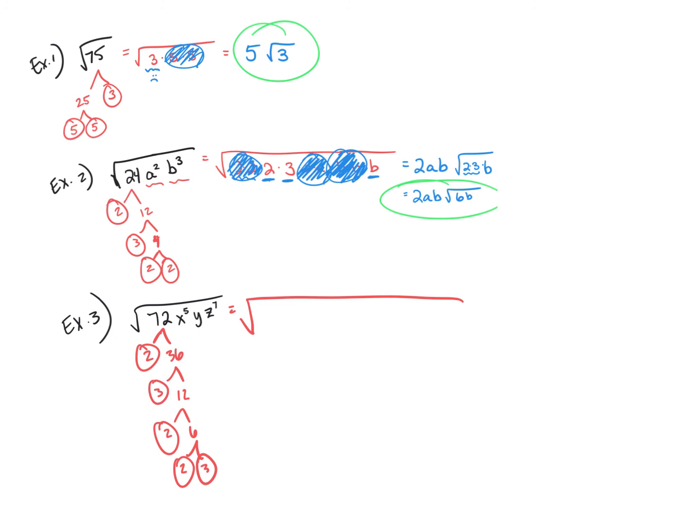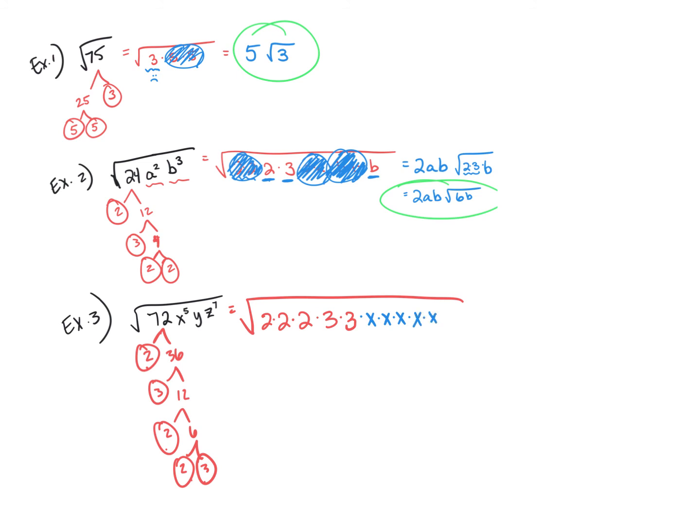So now what are my prime factors? I got a 2, a 2, and a 2. I got 3 2s hanging out. And I got a 3 and a 3. All right, so my 72 is taken care of. With my x, I've got 5 of those. So 1, 2, 3, 4, 5 x's.